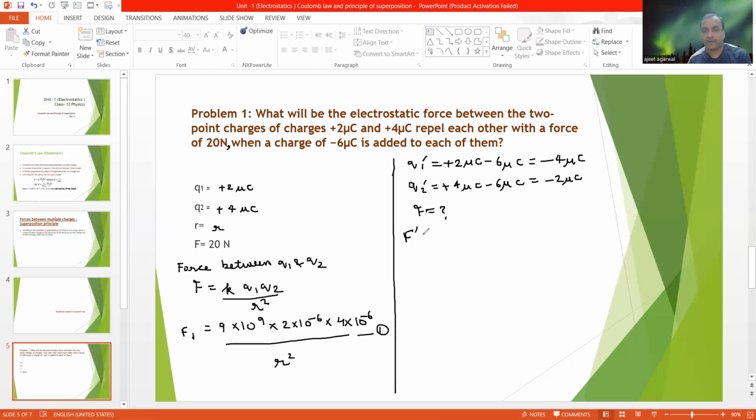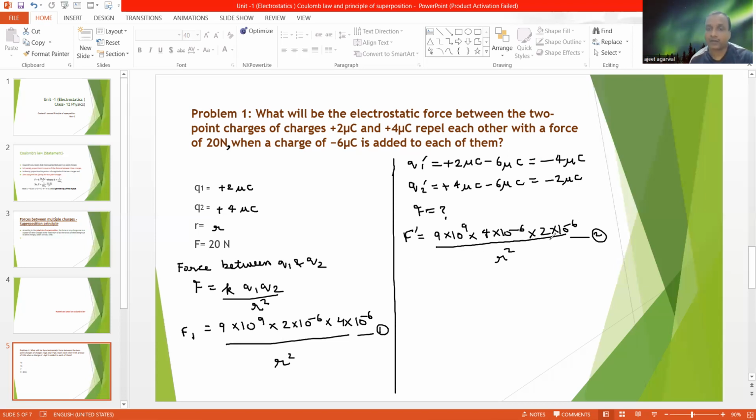The new force F dash will be, again I am taking directly the constant value 9 into 10 power 9, Q1 is 4 multiplied by 10 to the power minus 6, multiplied by 2 microcoulomb, that is 2 into 10 power minus 6, divided by r square. Again, r square is not known, take this as equation number 2.